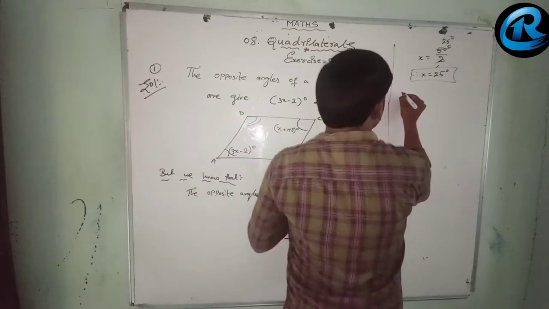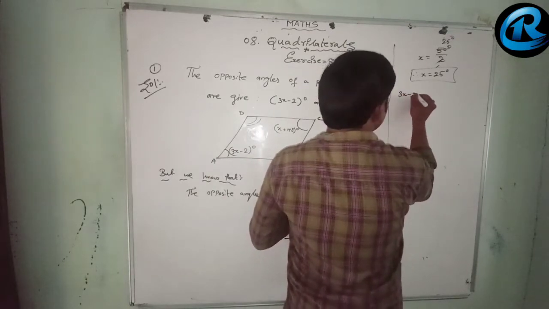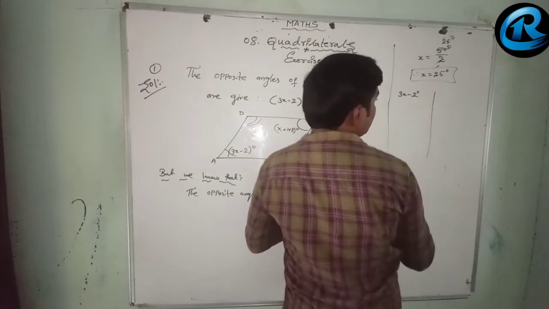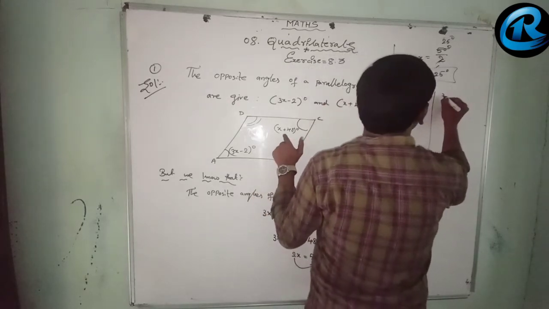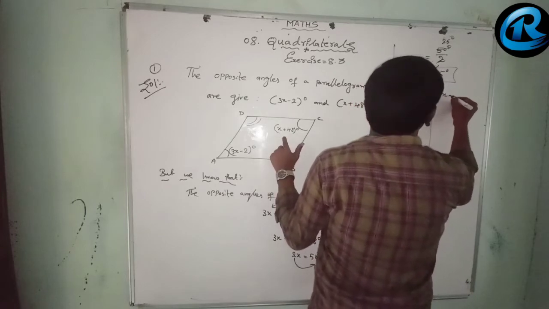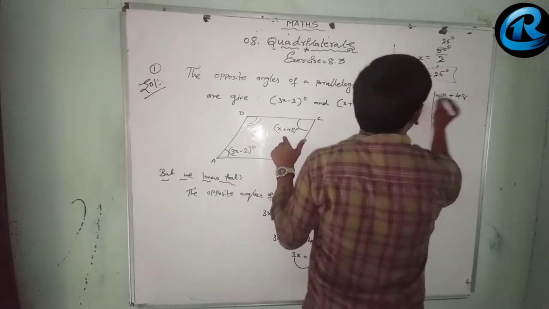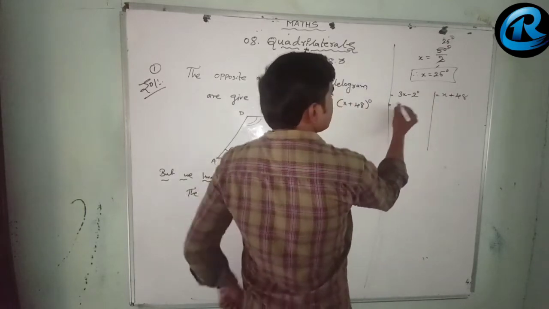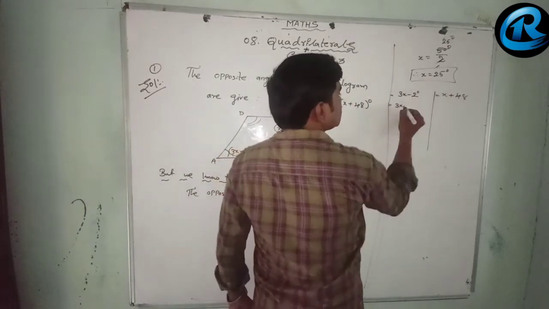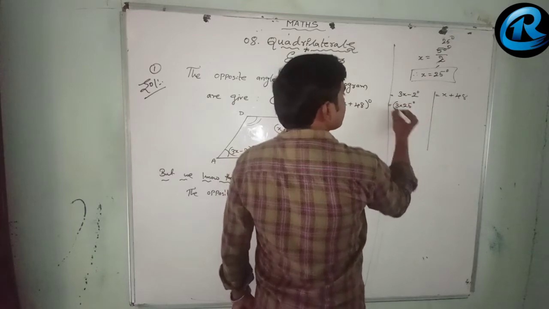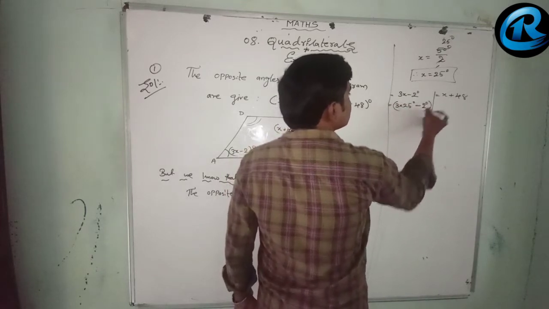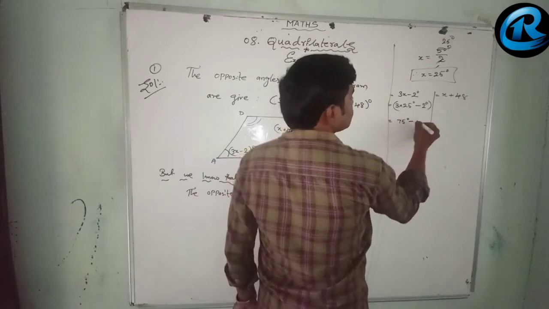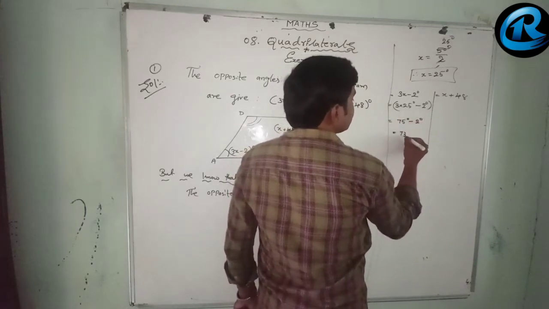Here 3x minus 2 degrees, this we have to find out. We also get the same answer for x plus 48, because both are equal. Let us check whether we get the same or not. Here 3 into x, that is 25 degrees, minus 2 degrees: 3 into 25 is 75 degrees minus 2 degrees, that equals 73 degrees.